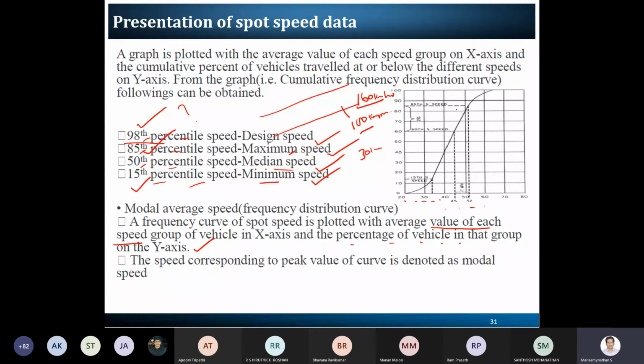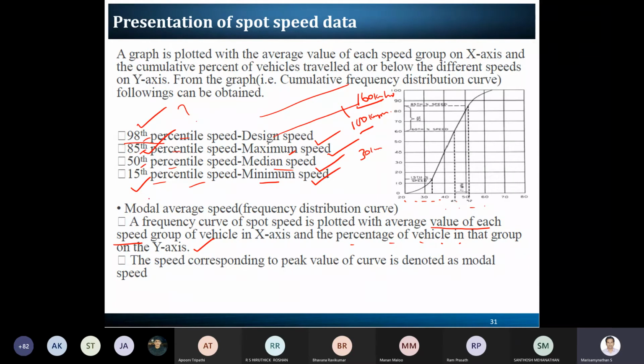From that you will get all the percentile speeds. So this is the representation of the spot speed, the graph we plot between the speed and the frequency. Based on that, the 85th or the 98th, whatever percentile is required, can be estimated.